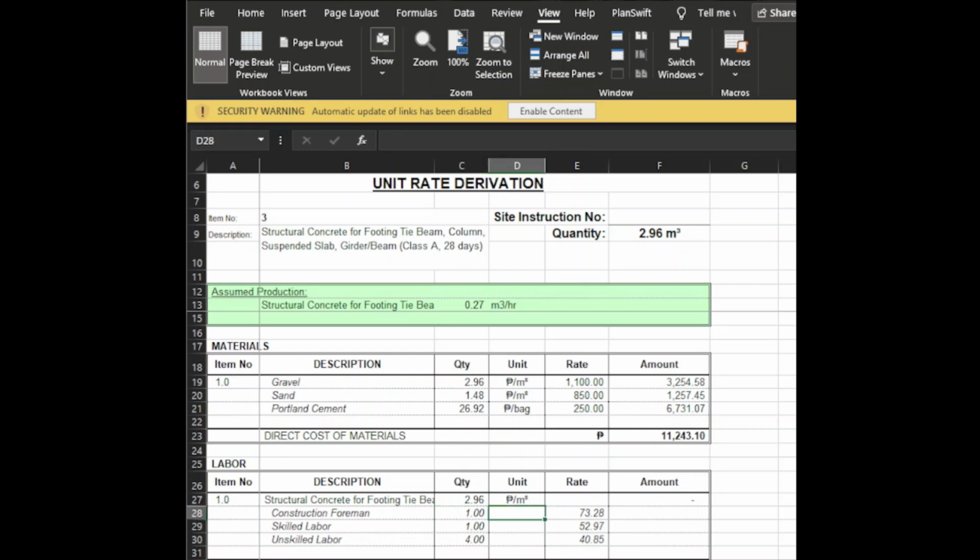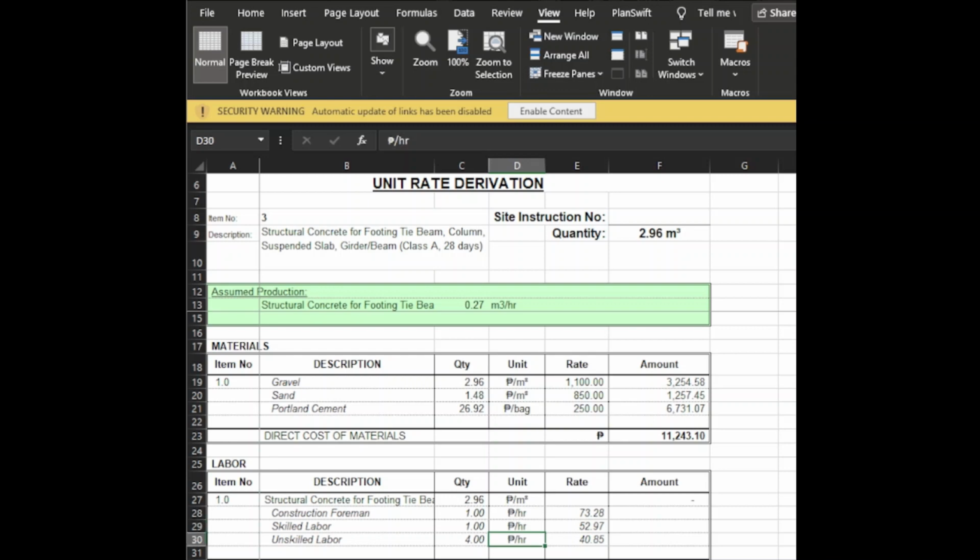So this is constant for this assumed production of 0.27 cubic meter per hour of this item. Our unit for this one is per hour. This is already our rate. I already linked this one from the other page for the rate of the labor.